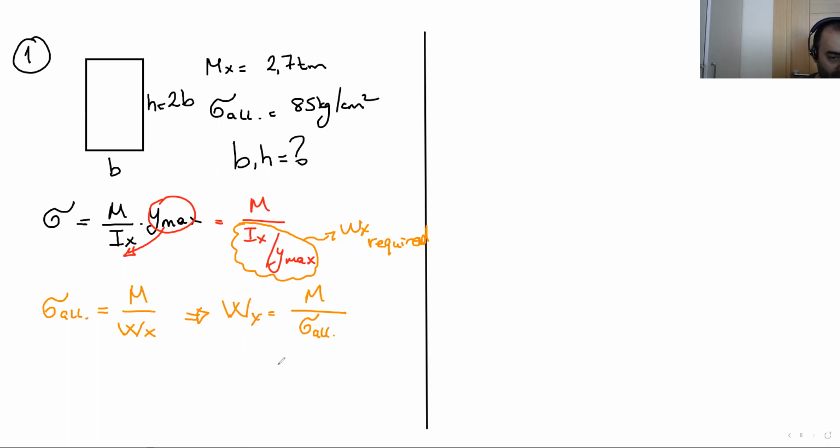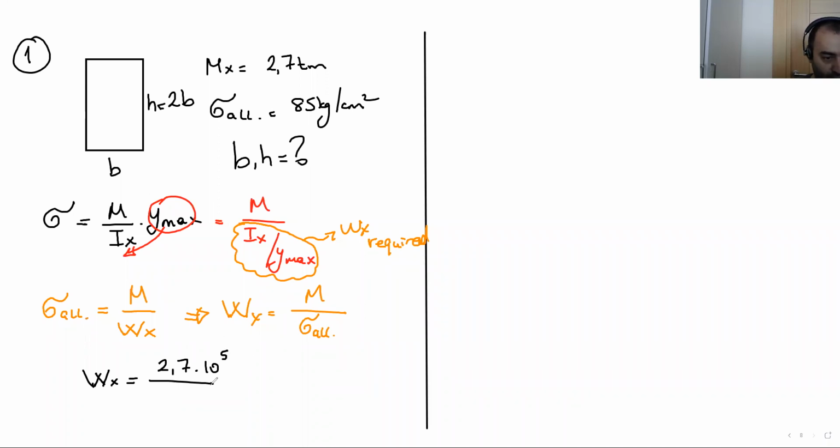Now, the other part is basic. We are not doing rocket science here. It's easy. You can do it. Wx equals M. M is what? 2.7 ton meter. Allowable stress over here is in kilogram centimeter, so let's convert the ton meter to kilogram centimeter: 2.7 times 10 power 5.